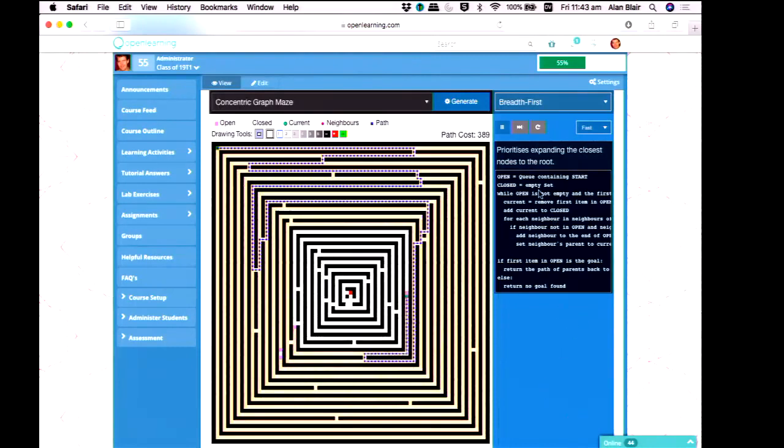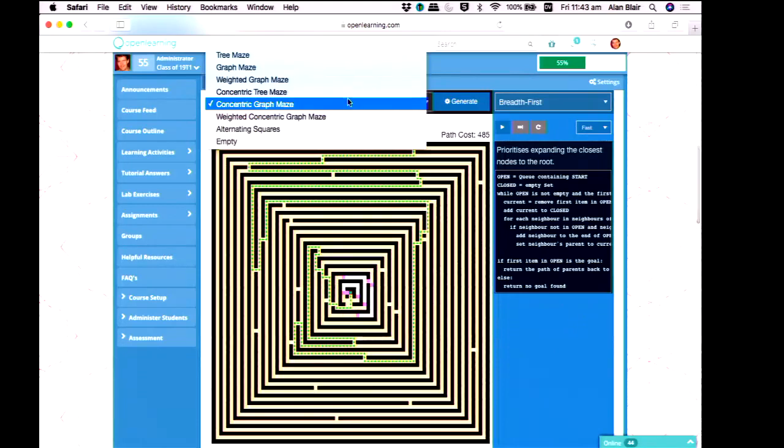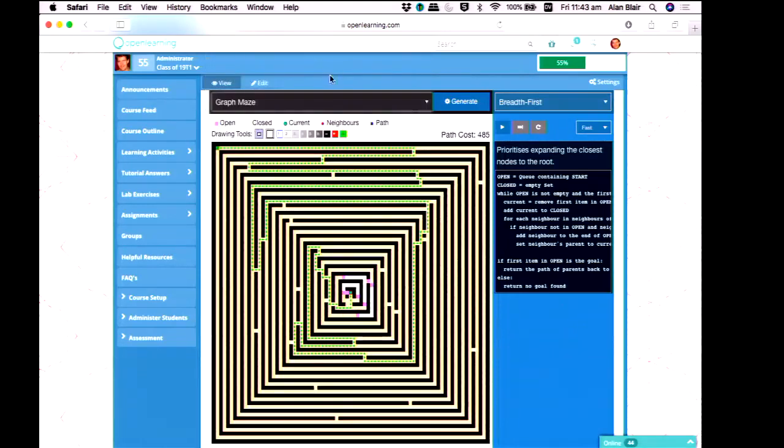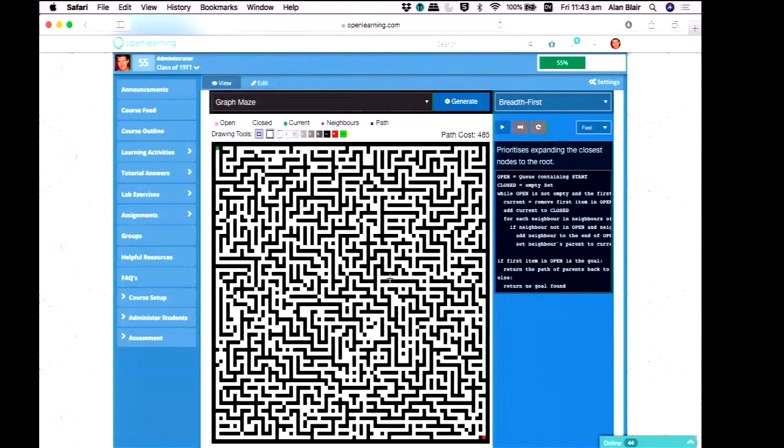This concentric one is maybe not such a good example. Let's look at just a graph maze. By default, it always generates this with the start node in one corner and the goal node in the other. So this shows you breadth first search on this maze, and you can see how it's expanding out the paths in order of their length.